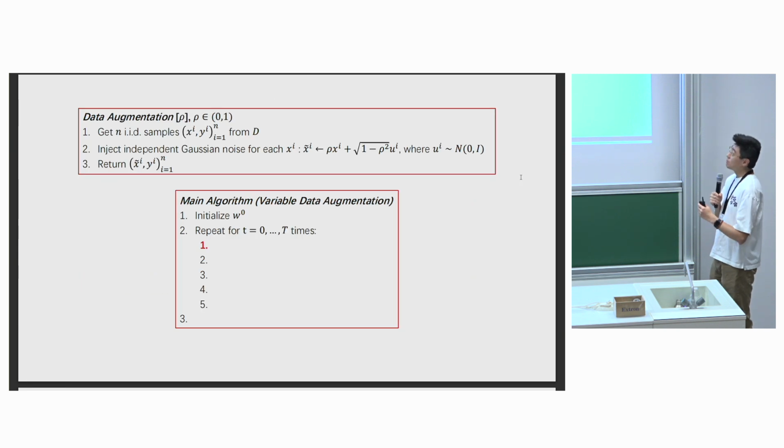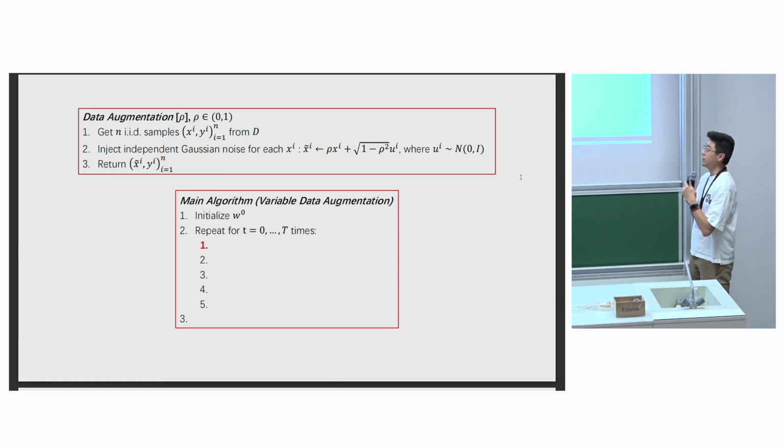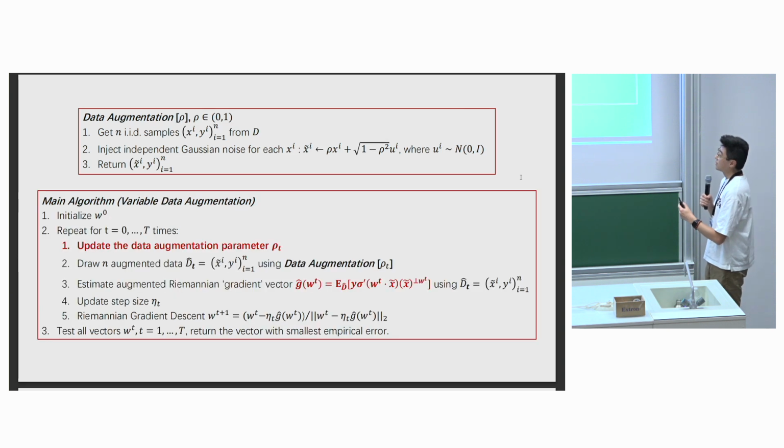And our algorithm tackles these two obstacles by using the so-called data augmentation technique. What data augmentation does is that we inject independent Gaussian noise into the feature vector, with the strength defined by rho. And then we return all these augmented data points. So here's what our algorithm looks like.